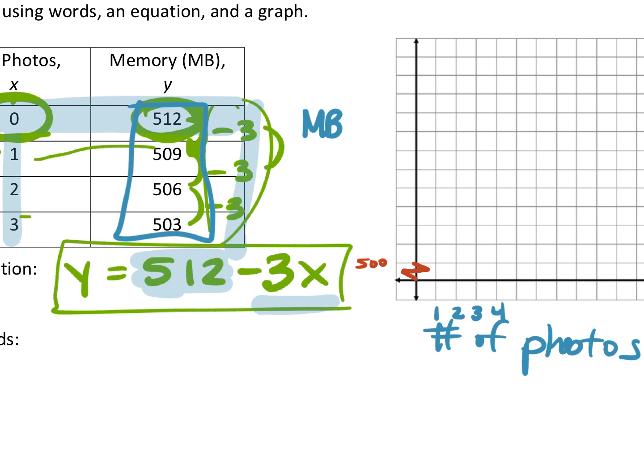It's changing by 3 each time. So 503, 506, 509, 512, okay? My first one is 0, 512. That's right here. My second one is 1, 509. That's right here. 2, 506, 3, 503.